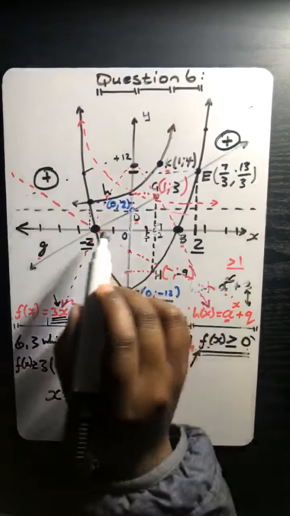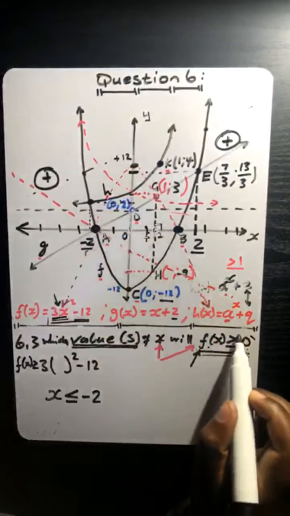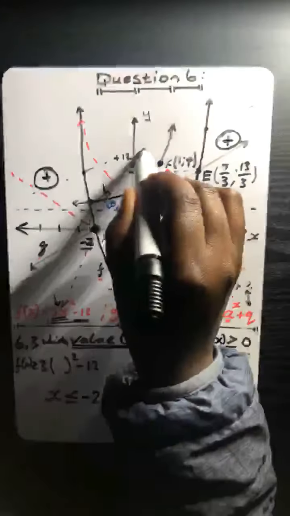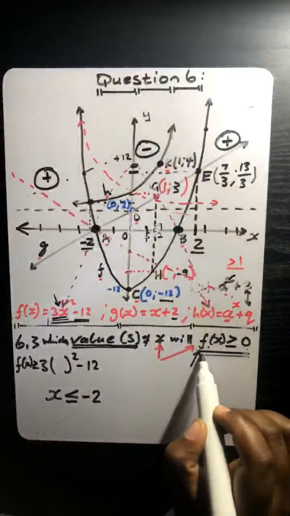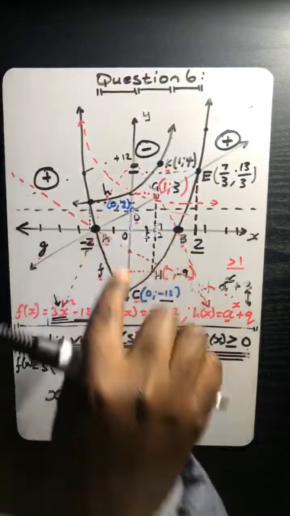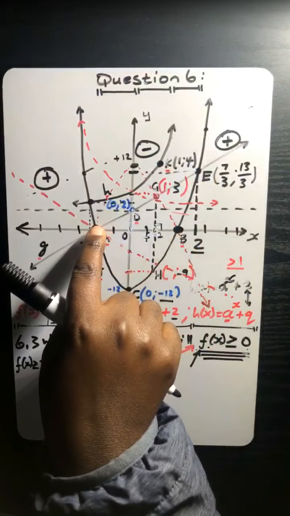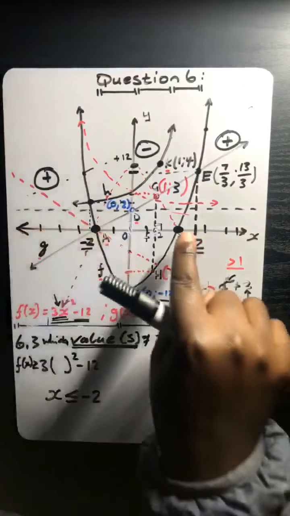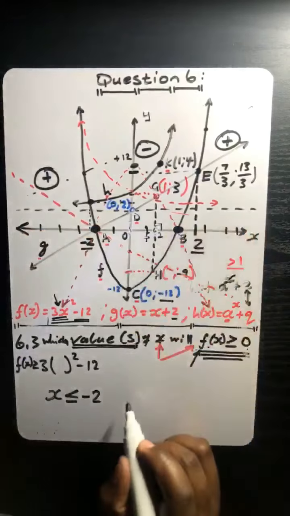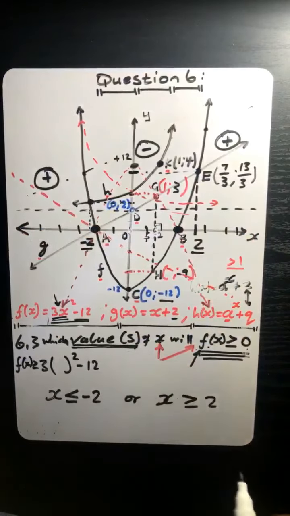But if you punch values in between, you will get a value which is less than 0, which means this statement does not apply. So that means I'm going to have two sets of x values, where x is -2 or whatever value in that direction, or x is 2 or whatever x value in that direction. So that means I'm going to have x less than or equal to -2, or x greater than or equal to 2.